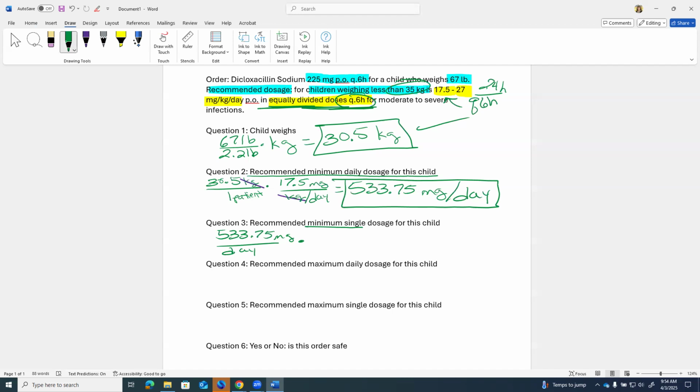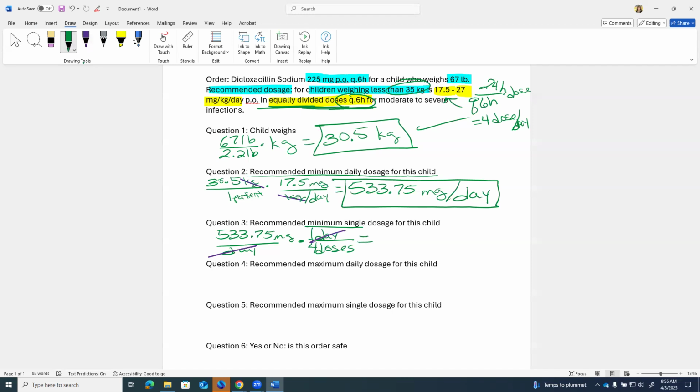Every 24 hours divided by 6 hours per dose means we're going to have 4 doses in one day, meaning 6 hours happens 4 times in one day. I'm going to write in one day divided by 4 doses, and mark out my day.